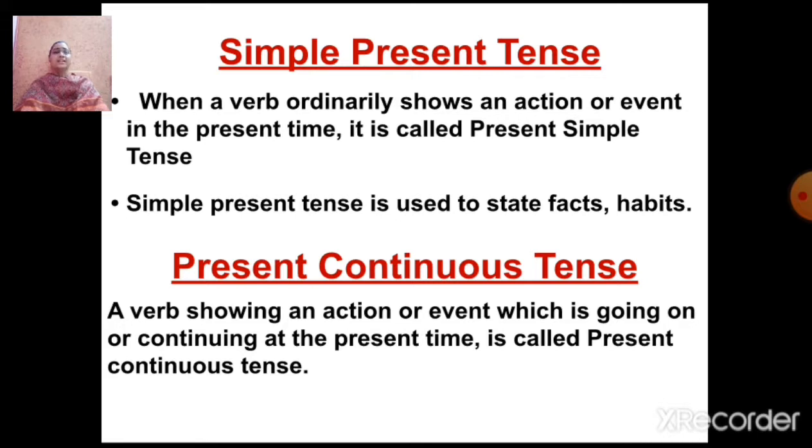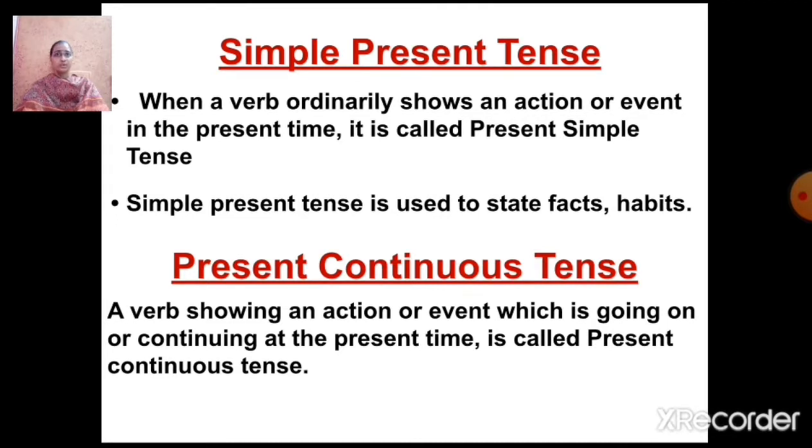Now let us understand what is present continuous tense. A verb showing an action or event which is going on or continuing at the present time is called present continuous tense. Here the formula for present continuous tense is is or am or are plus ing form of verb.